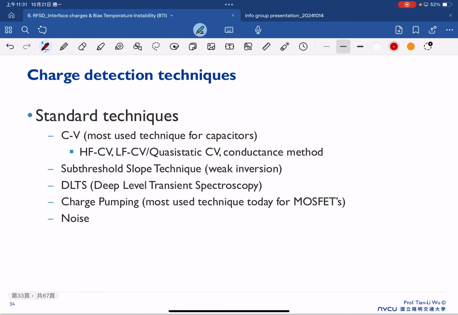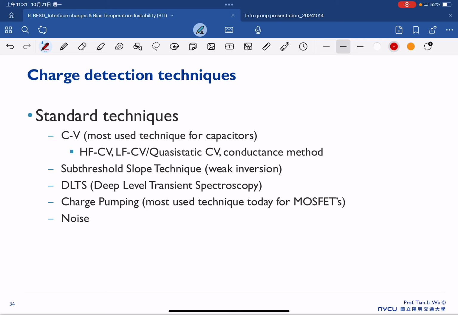Okay, so now we know there's always the trapping issue, there are charge injection issues inside our semiconductor. First, we realize there's a phenomenon. A second point is we need to know how to detect, how to estimate, how to measure, how to characterize this effect.